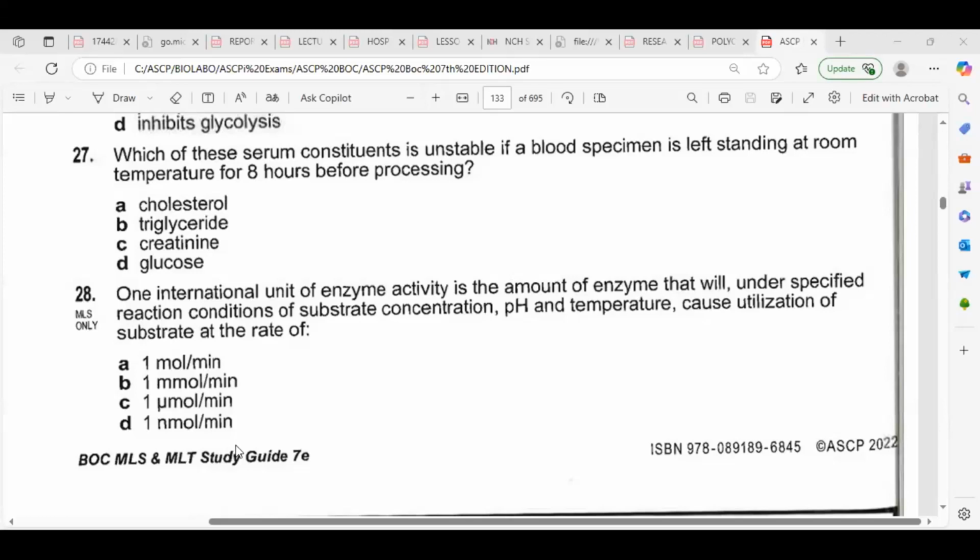It is able to convert when the concentration of substrate is adequate. You know what we call the zero order of kinetics. So when the concentration of substrate is adequate and enzyme is adequate, then enzyme can be able to convert 1 micromole concentration of substrate per minute into products. Yes, that is how it works.